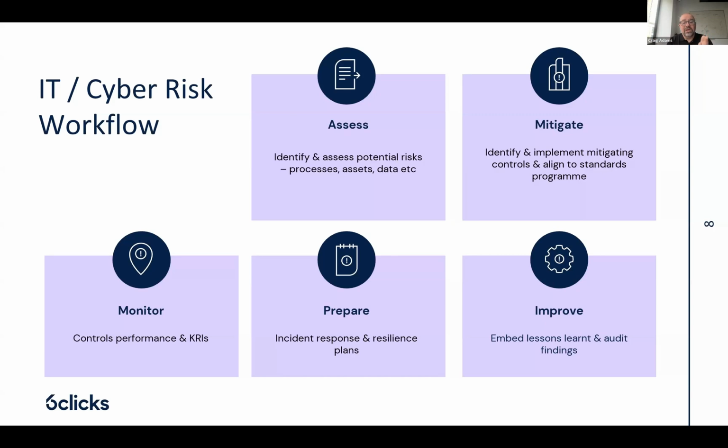Clearly, things do sometimes go wrong, so make sure that you have in place and are properly prepared for responding to those incidents, and have plans around resilience to make sure you can quickly recover.